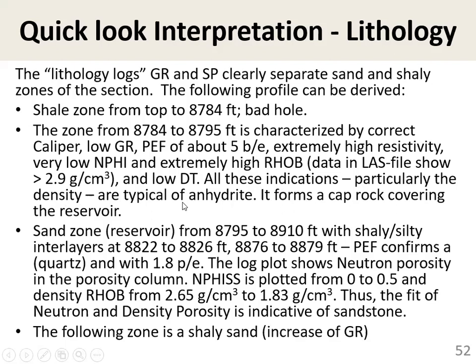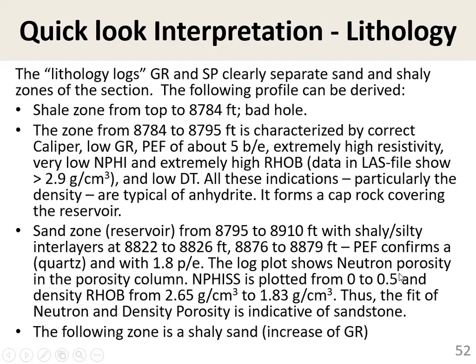This was the one giving us misleading, very high resistivity values. Then there is sandstone from 8795 to 810, with shaley or silty interlayers, and the photoelectric factor confirms this. You can check up on the photoelectric factor data.